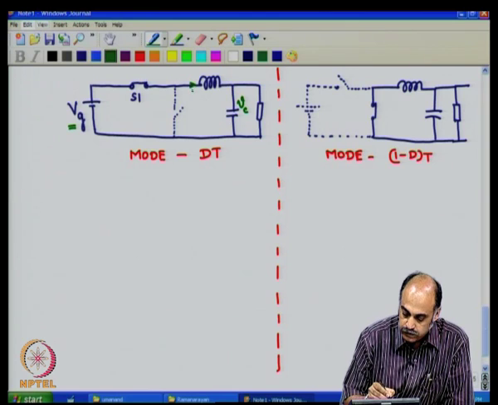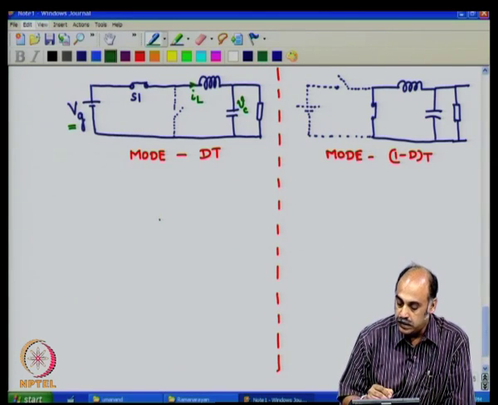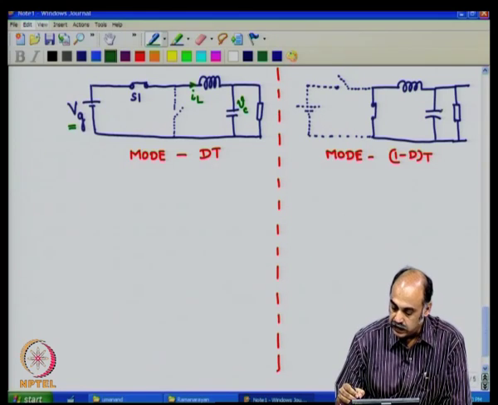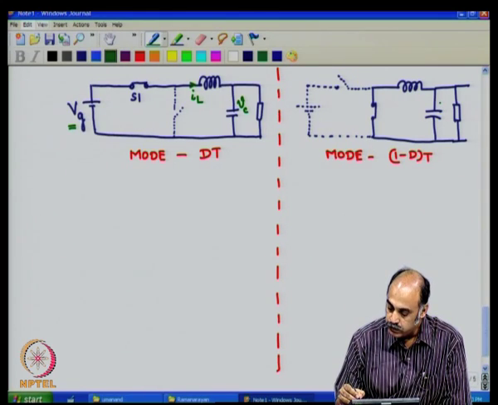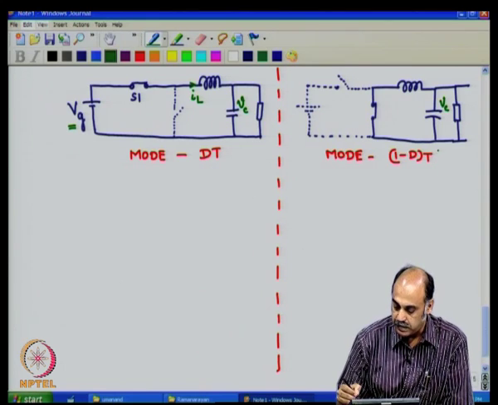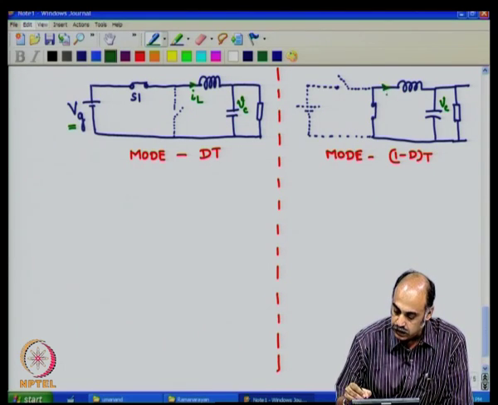IL through the inductor is another variable. Likewise, in mode 2, Vc across the capacitance, which is the same as the output voltage, and the current through the inductor.